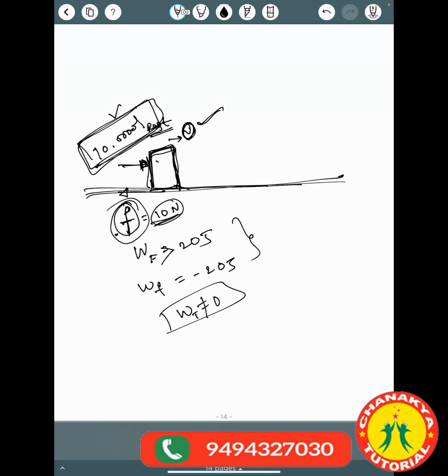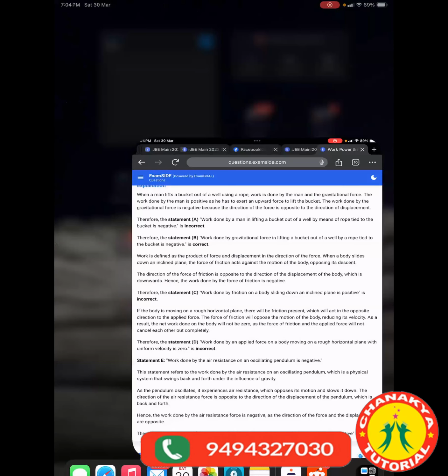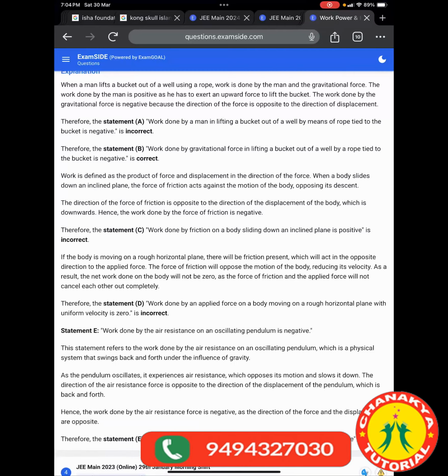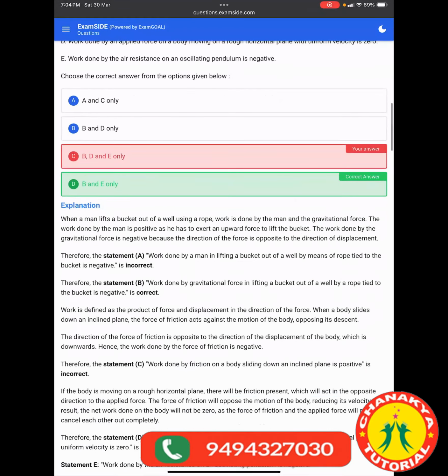So this is a situation where you have to apply the external force more than this 10 Newton to maintain that velocity. Hence, the external force is more than friction, so there will be a net work done. It won't be 0. That's why option D is wrong. So the correct answer is B and D. Any doubt? No, sir.